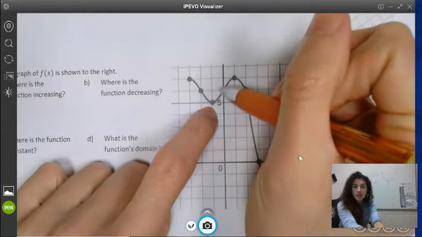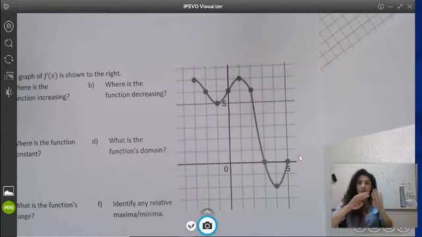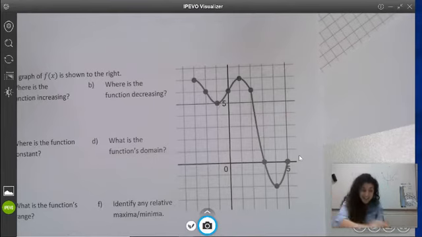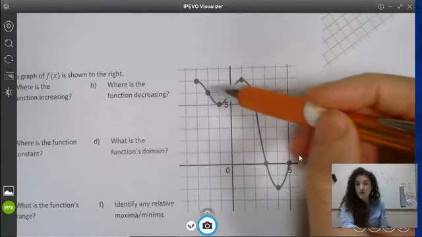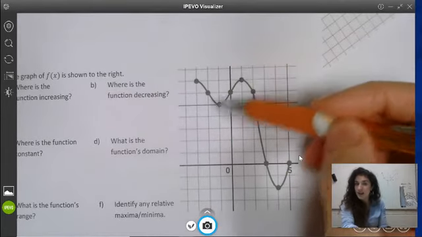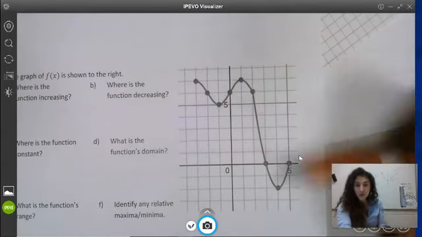It's the idea of a changing behavior. So you have a relative maxima or minima if you have on either side of that point a change in behavior. Maybe on one side it's decreasing and on the other side it's increasing, right? Then there's that shift from decrease to increase, versus this one, where there's a shift from increase to decrease.